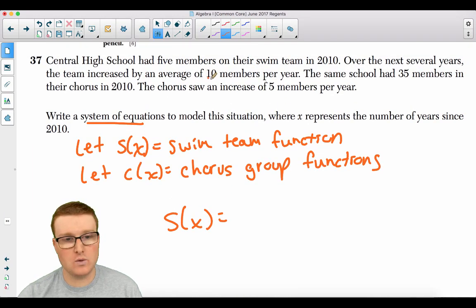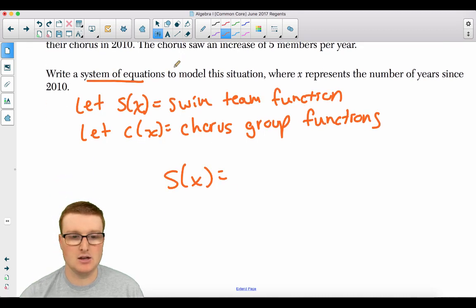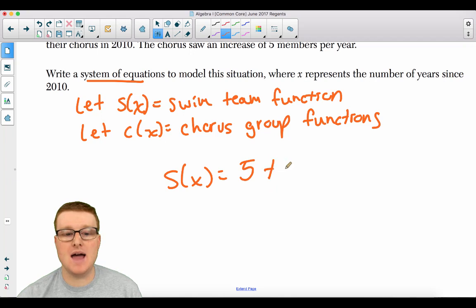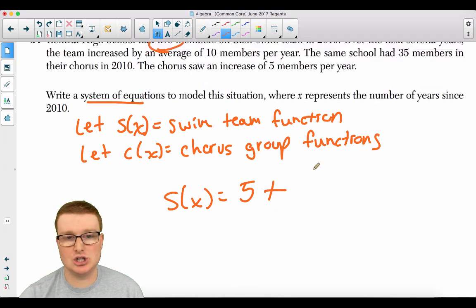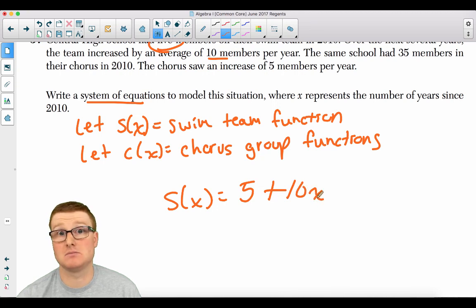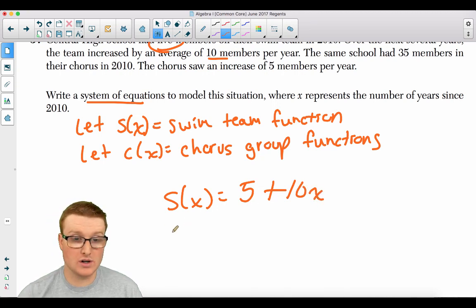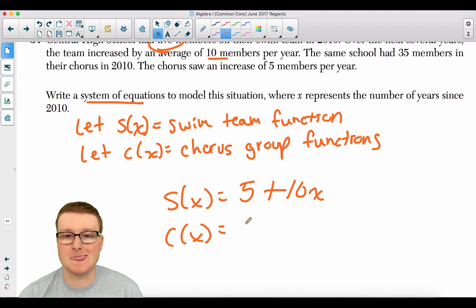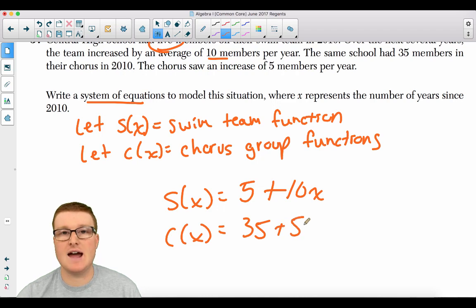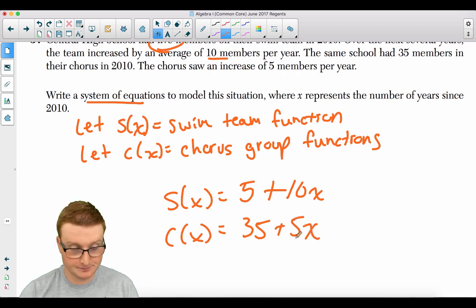They started off with 5 members, and they're adding an average of 10 members per year. So s of x is 5 plus 10x. Now for the chorus group, c of x is equal to 35, since they started off with 35 members, plus an average of 5 members per year.